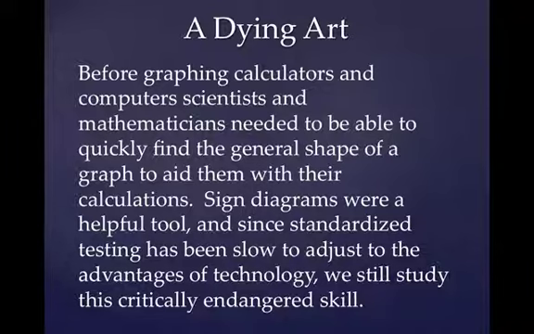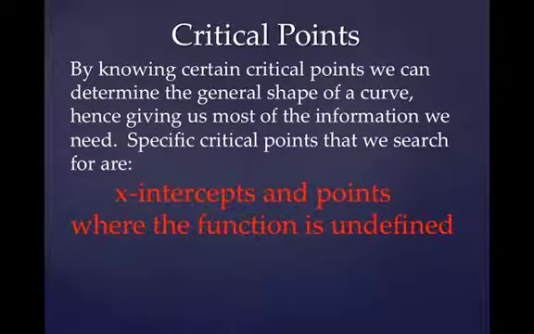So we'll move forward. One of the main aspects about curve sketching is that it gives us a quick and easy way of figuring out the general shape of a graph just by finding a couple of key or critical points that we can use to help us find out what the rest of the graph looks like, and provides us with enough information that it is pretty much all the information that we need to be able to move forward with our calculations.